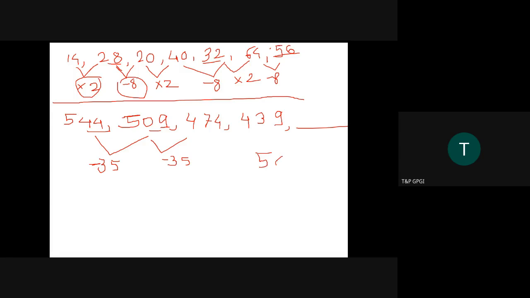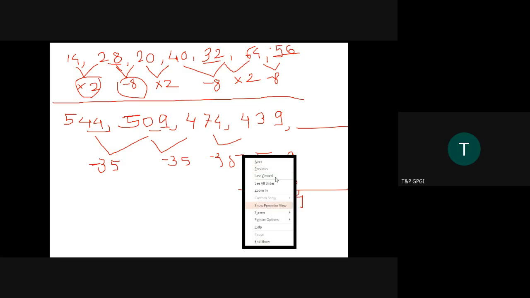509. Let's quickly check if this is correct. Minus 35. So 9 minus 5 gives 4. 50 minus 3 gives 47. That means 474 आ गया. 474 minus 35 करके देखेंगे again. 439 आएगा.